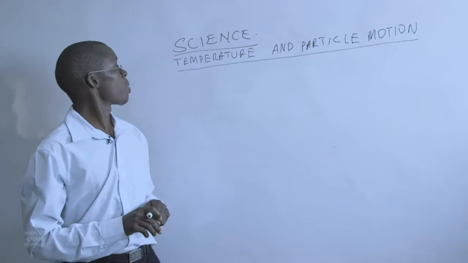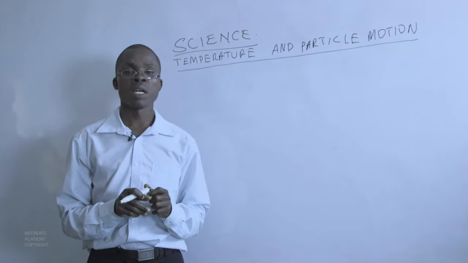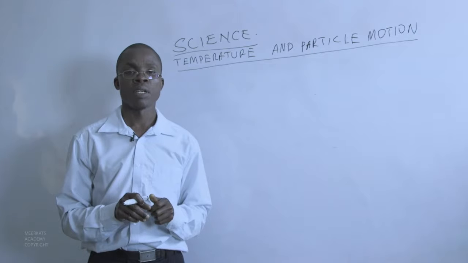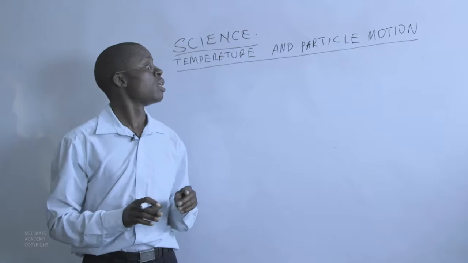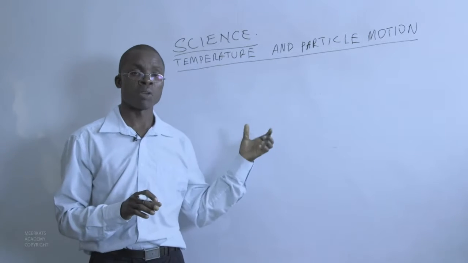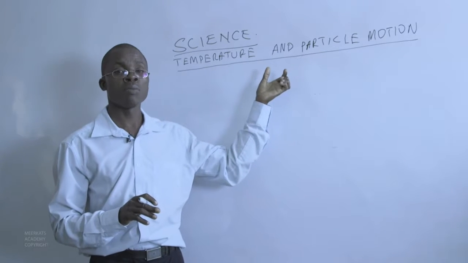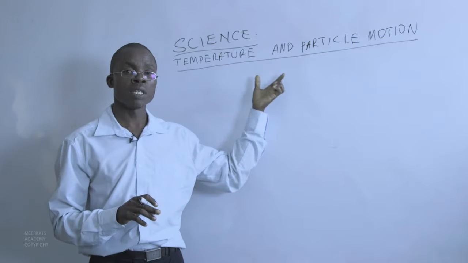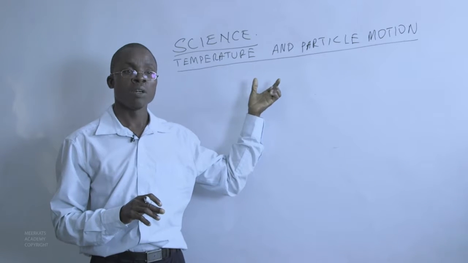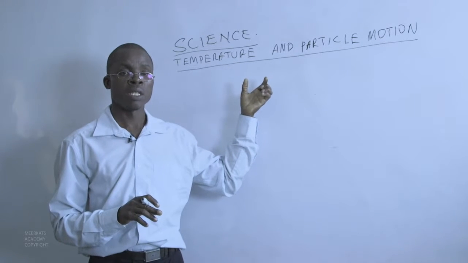In this topic, we want to look at temperature as a factor that is very helpful in motion of particles. When we talk about motion of particles, we are talking about particles either in solid, liquid, or gaseous state.